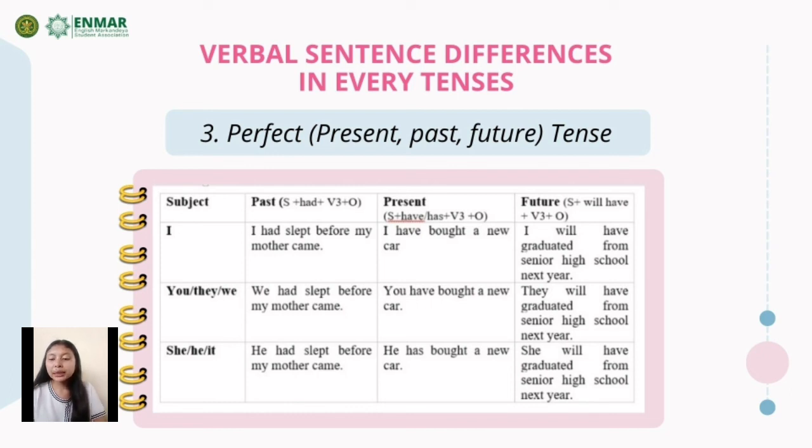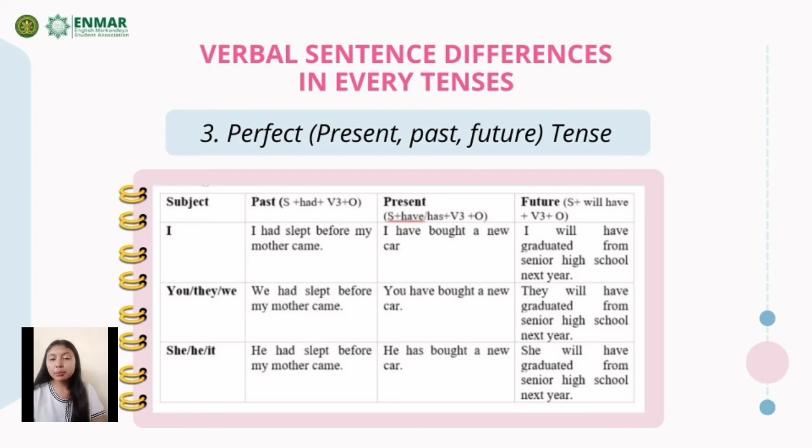And next, present perfect tense. Present perfect tense is a tense that is used to express an activity or action, or to talk about an action which started in the past and continues up to now.